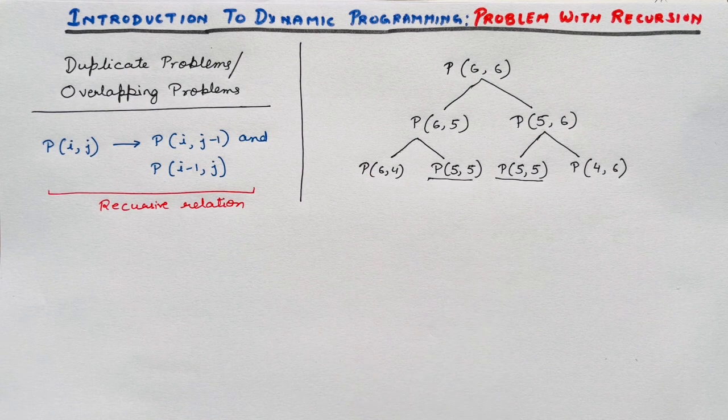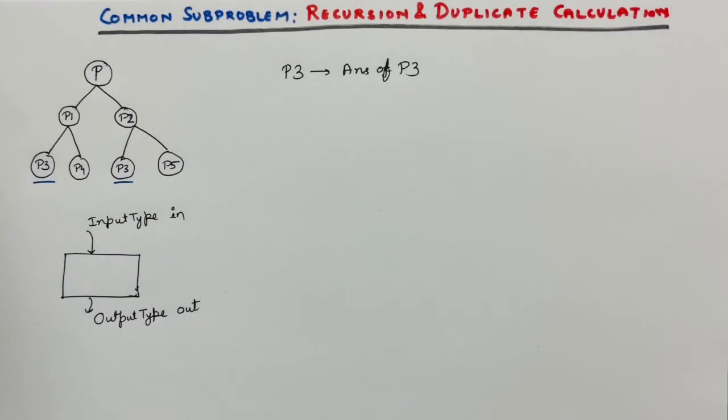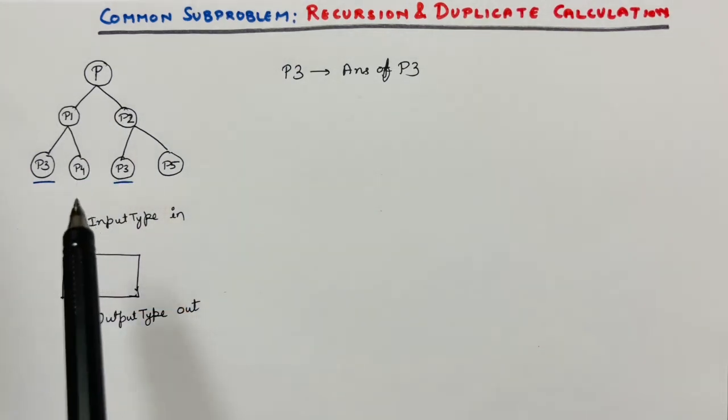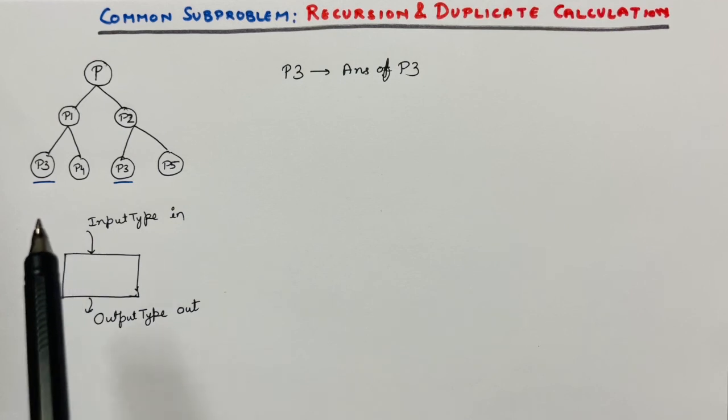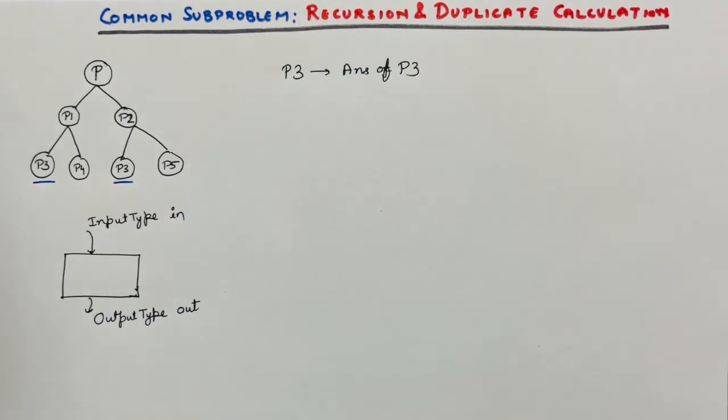So how do we solve it? This is a very common problem that we will encounter in recursion. We want to solve for the problem P, but as we solve for its subproblems, we encounter duplicate subproblems like the problem P3 here. Here P3 needs to be calculated twice, which is inefficient.